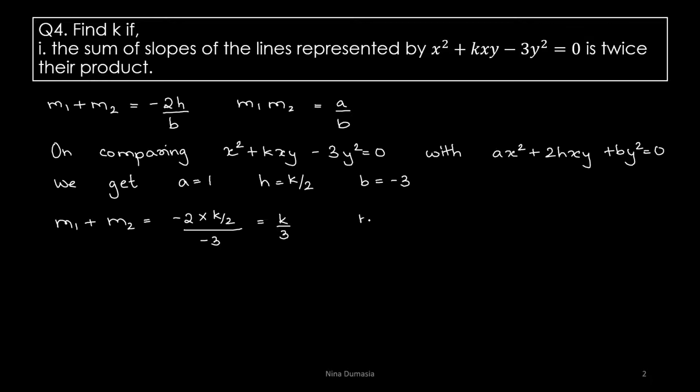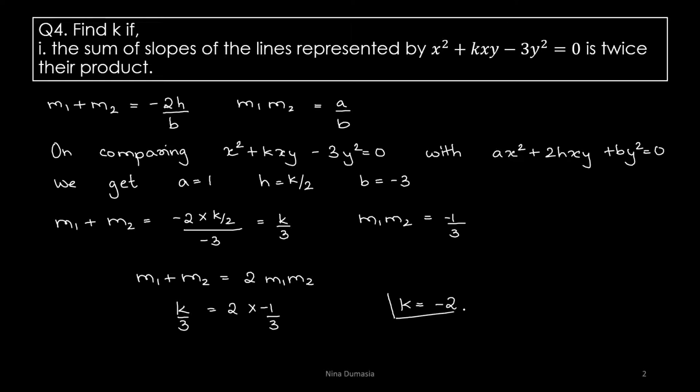Okay, and next m1 into m2 is equal to 1 by -3, so -1 by 3. अभी यहाँ पे बोला है the sum is twice the product, so m1 plus m2 is equal to 2 times of m1 into m2, therefore we have that k by 3 is equal to 2 into -1 by 3, 3 और 3 cancel हो जाता है, and this implies that k is equal to -2. And that is our answer.